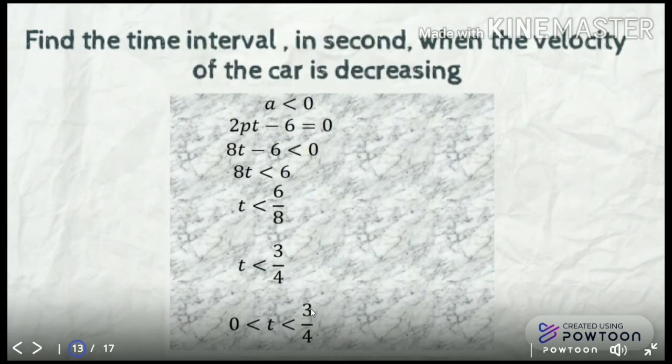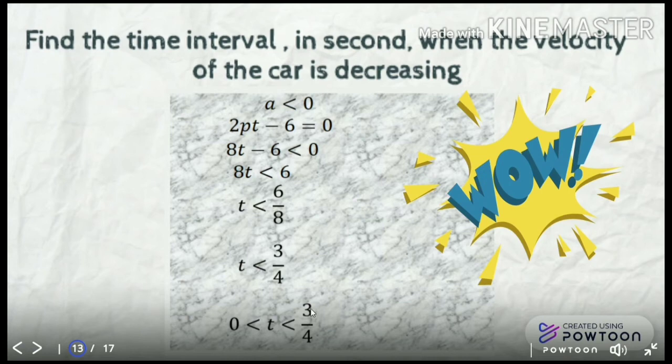Find the time interval in seconds when the velocity of the car is decreasing. When the velocity of the car is decreasing, the car will experience deceleration. As we all know, deceleration occurs when a is less than 0, which means it is negative. So using the acceleration equation that we found in question A, we make it less than 0.